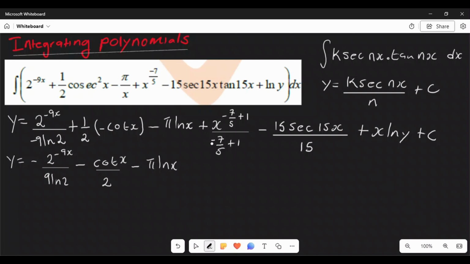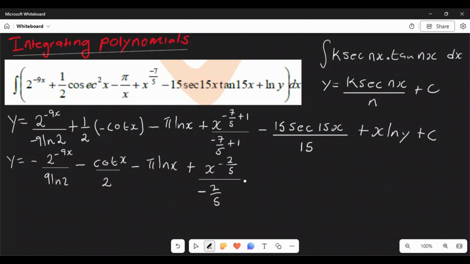This one here, it's where things will get a bit exciting, but to make our life easier, let's just solve it here. Now look, we're gonna have x, but now what is negative 7 over 5 plus 1? The answer here is gonna be negative 2 over 5. And then this negative 2 over 5, you divide by it here, so it's going to be negative 2 over 5.